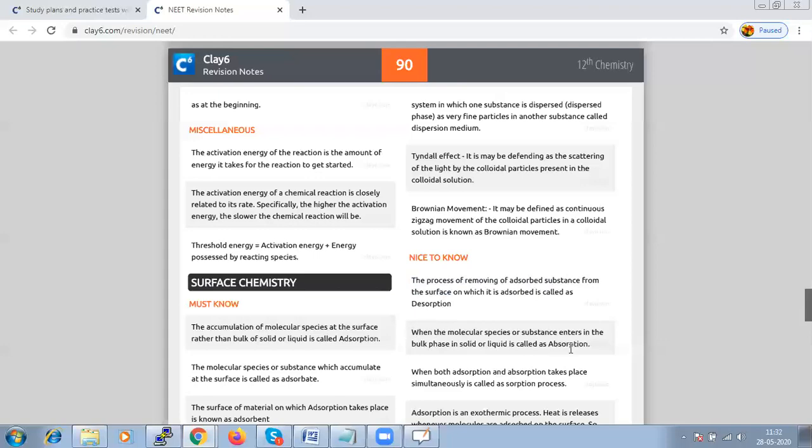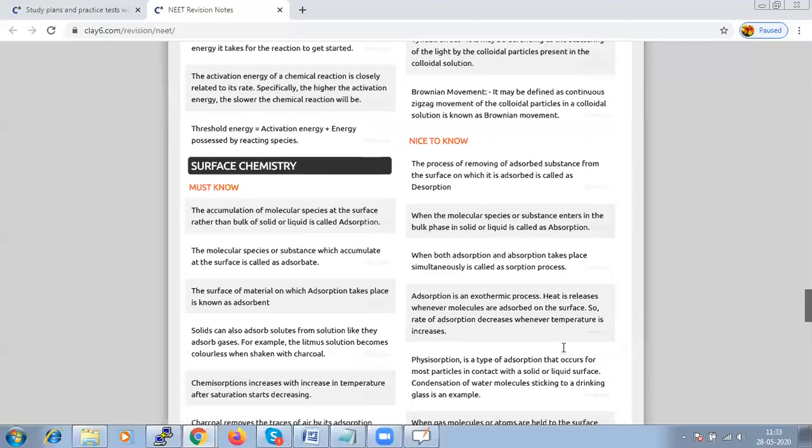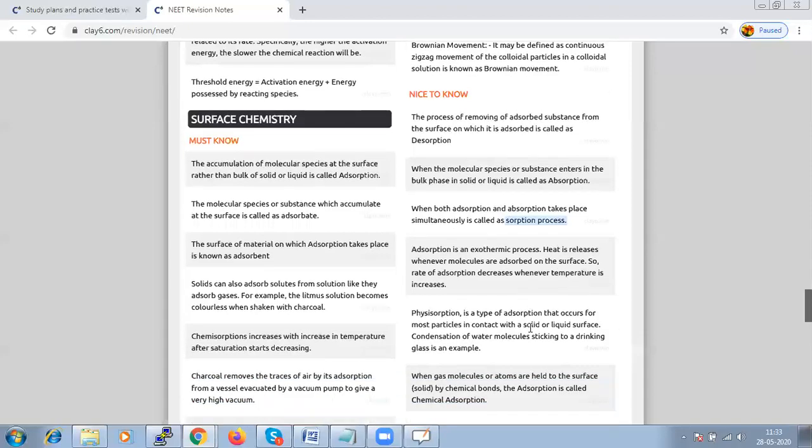When the molecular species of a substance enters the bulk phase of a solid or liquid, we call it absorption. When both absorption and adsorption take place simultaneously, it is called the sorption process. And do remember, adsorption is an exothermic process because heat is released whenever molecules are adsorbed on the surface. Hence, the rate of adsorption decreases with an increase in temperature.